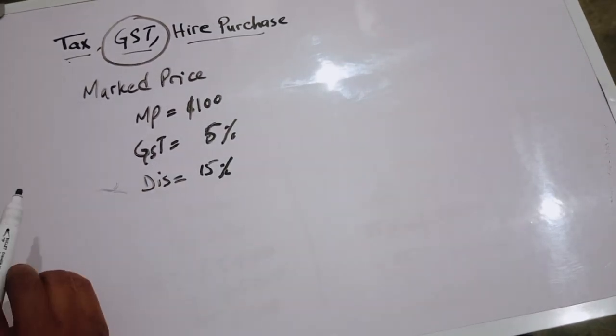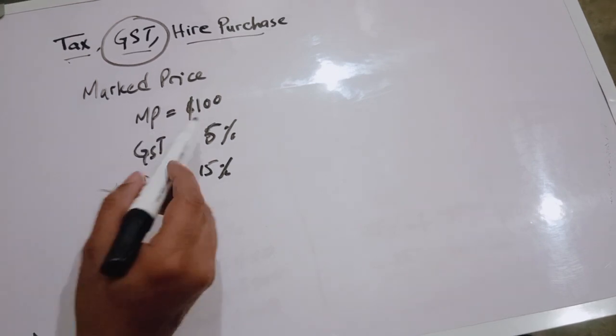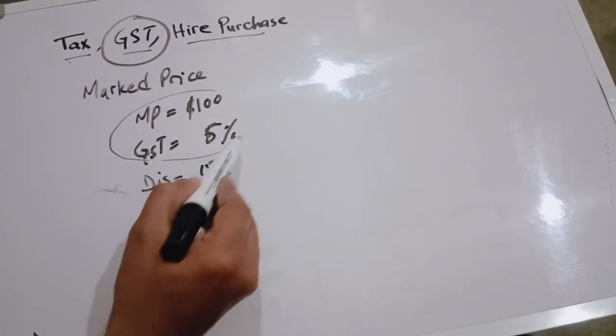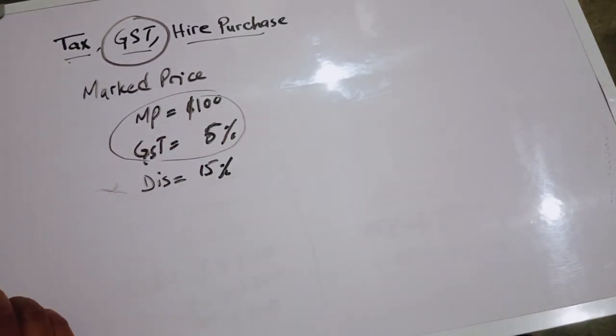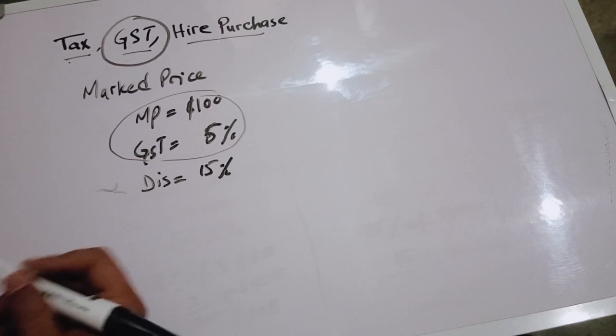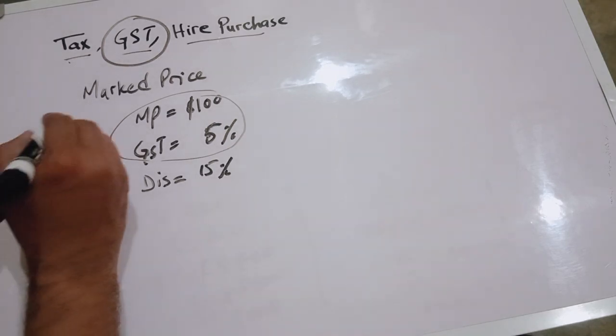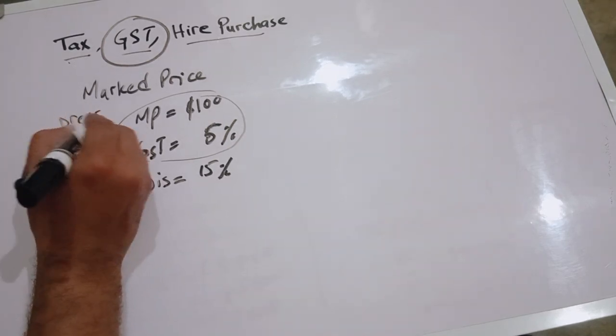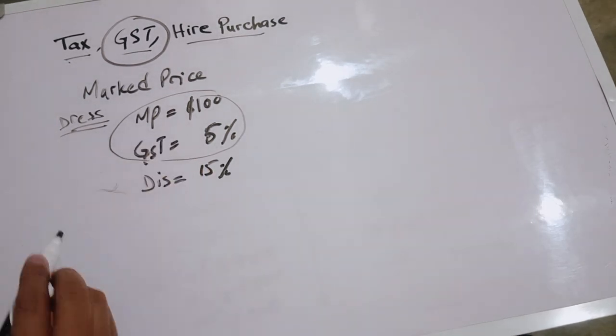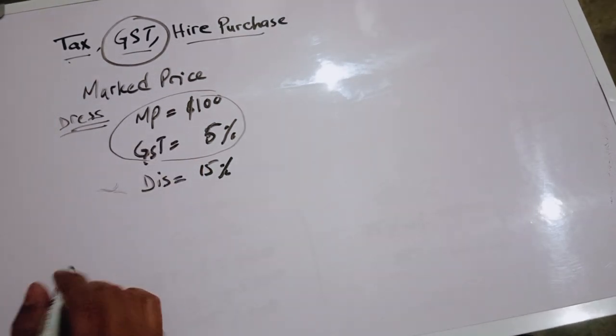This discount will be applied after the calculation of the total price with the help of the mark price and the GST. The very first thing you need to calculate is the total price of that particular dress with reference to the 5% GST.